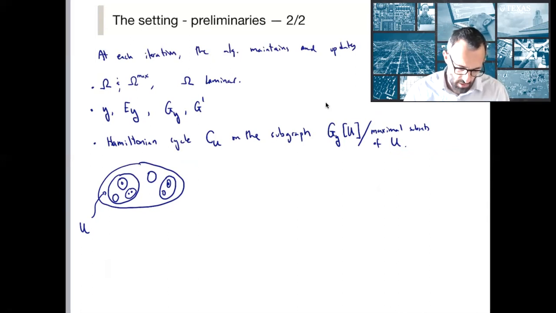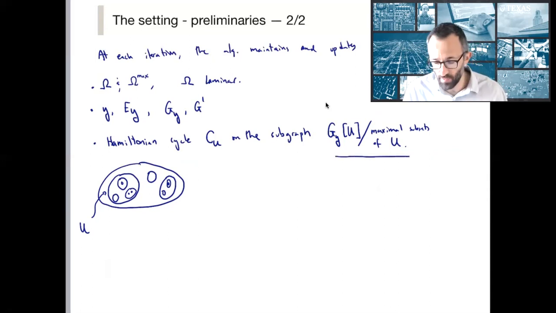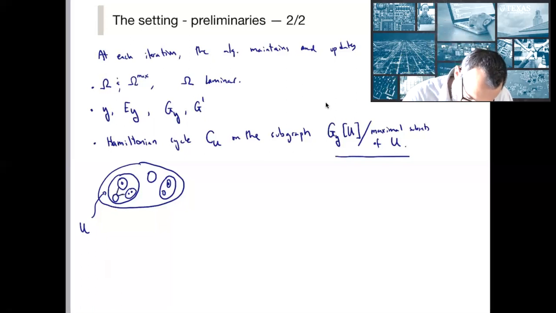So this is U. What is our Hamiltonian cycle? I look inside of U, and there are many elements in there, but there are 3 maximal elements. So once I contract them, in the contracted graph, Gy of U, contracting the maximal subsets of U, has now just 3 vertices, and therefore a Hamiltonian cycle would be something like that. Would just be this triangle.